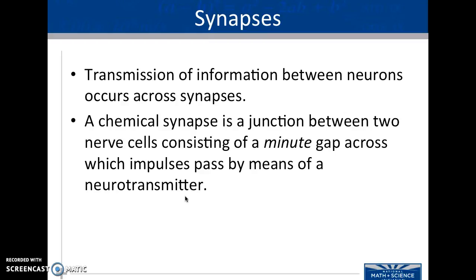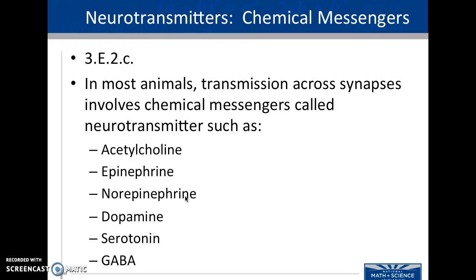We know that the signal is electrical, but the message sent between neurons is chemical. And the chemical synapse, which is the little space between the pre- and postsynaptic neuron, is basically a junction with a tiny gap that allows neurotransmitters, or chemical compounds that are a certain message, to move across that space.